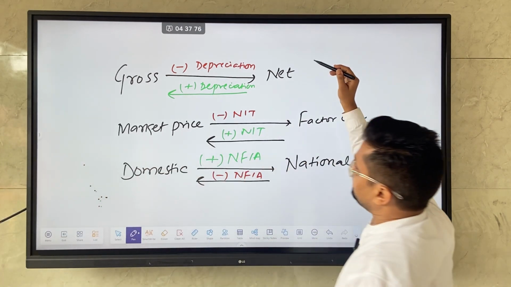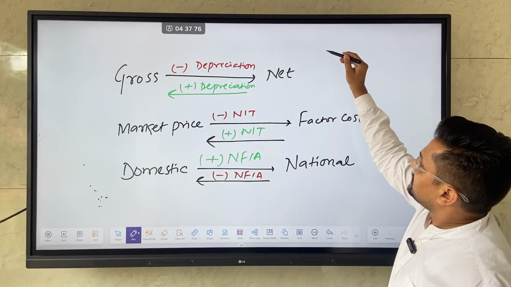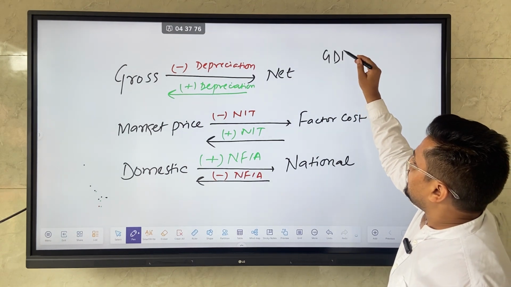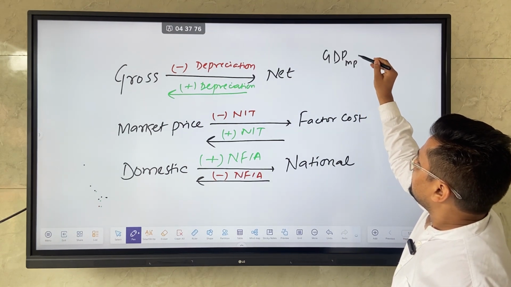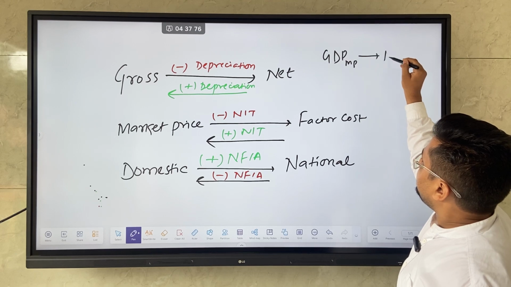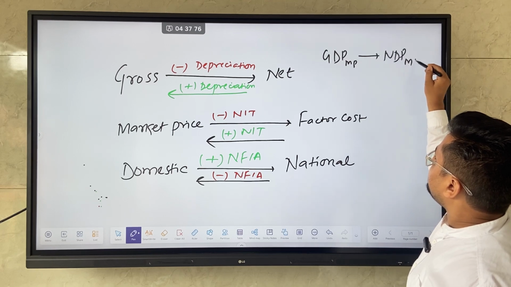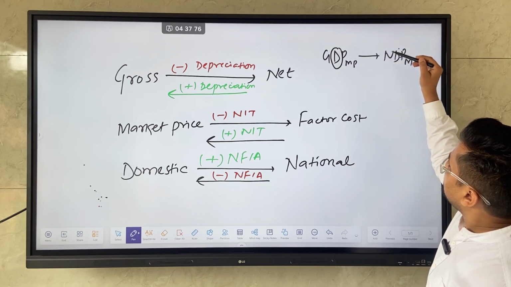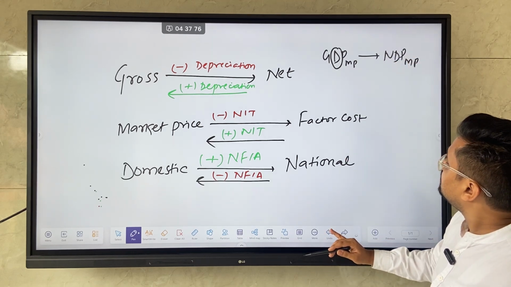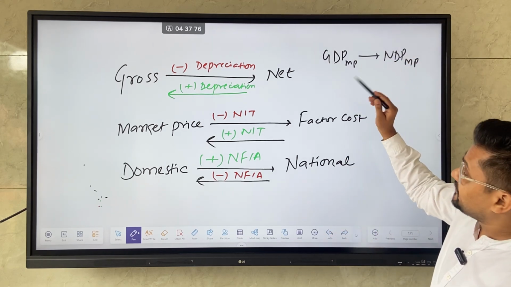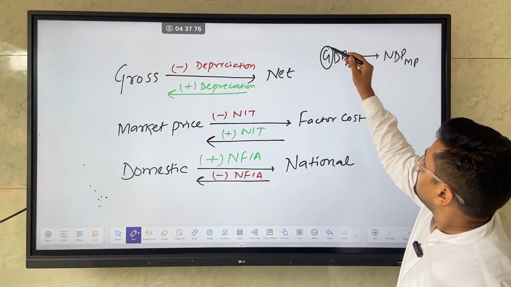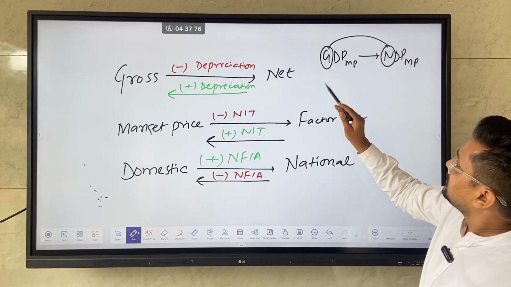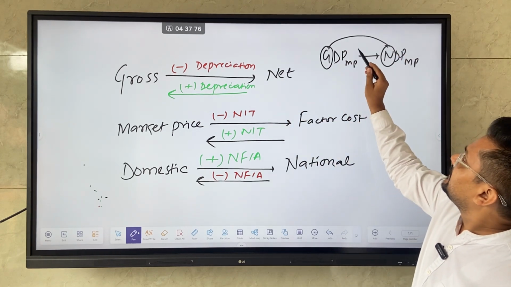Let's take this one, from gross to net. Say GDP at market price to NDP at market price. You see the difference from gross to net. What has to be subtracted?